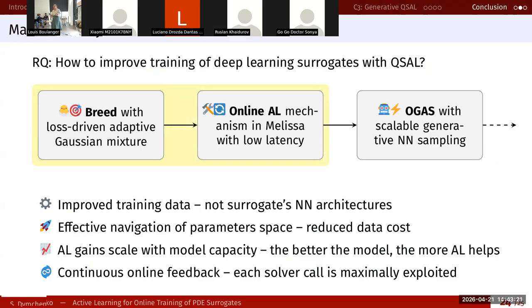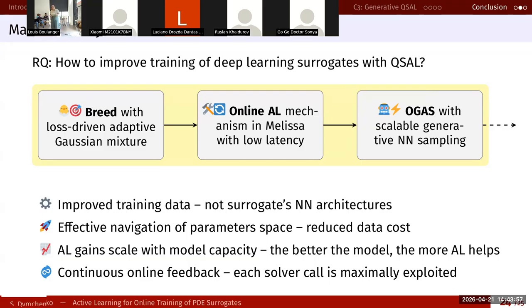Then we added the online active learning with the active sampling mechanism in Melissa to maintain this continuous feedback loop with a low latency. And we adapted and improved the sampling mechanism itself with a more sophisticated generative neural network sampling, which allows us to scale to higher parameter spaces.